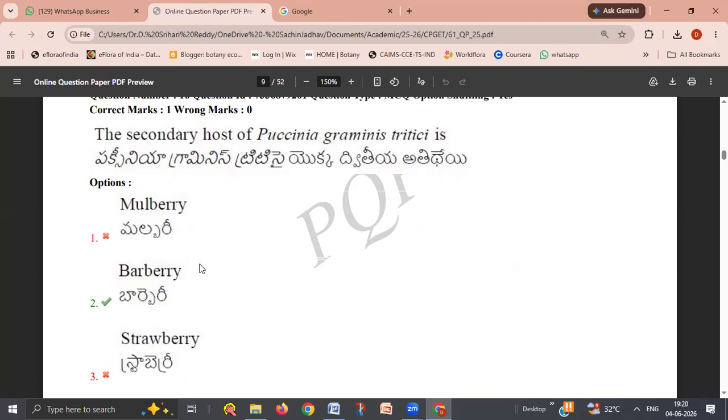It usually grows surrounding the wheat crops. When the wheat crop is harvested and there is no more wheat crop there, then in the gap period it takes shelter in barberry weed plants. So one mechanism to eradicate the rust disease is to remove the barberry plants surrounding the wheat crops, so that there will be no secondary host available to the Puccinia.